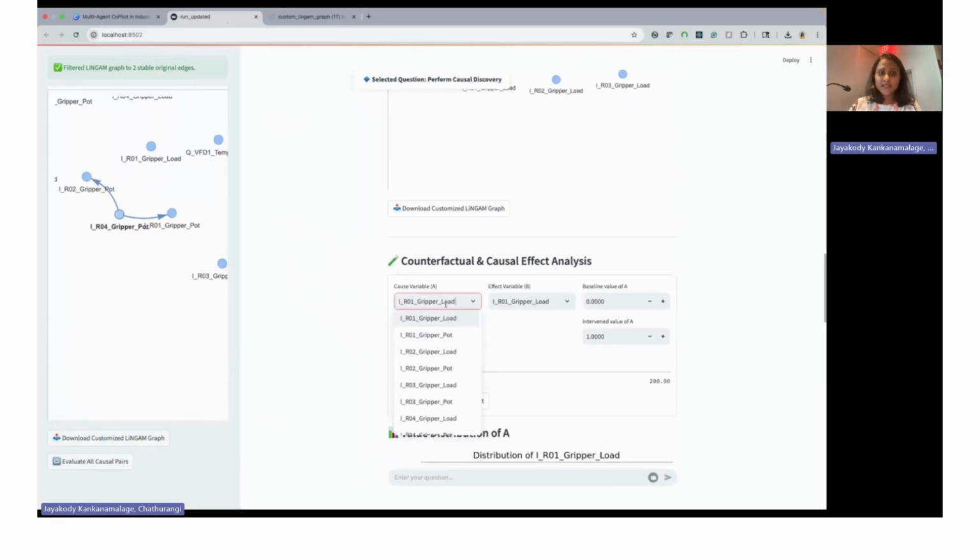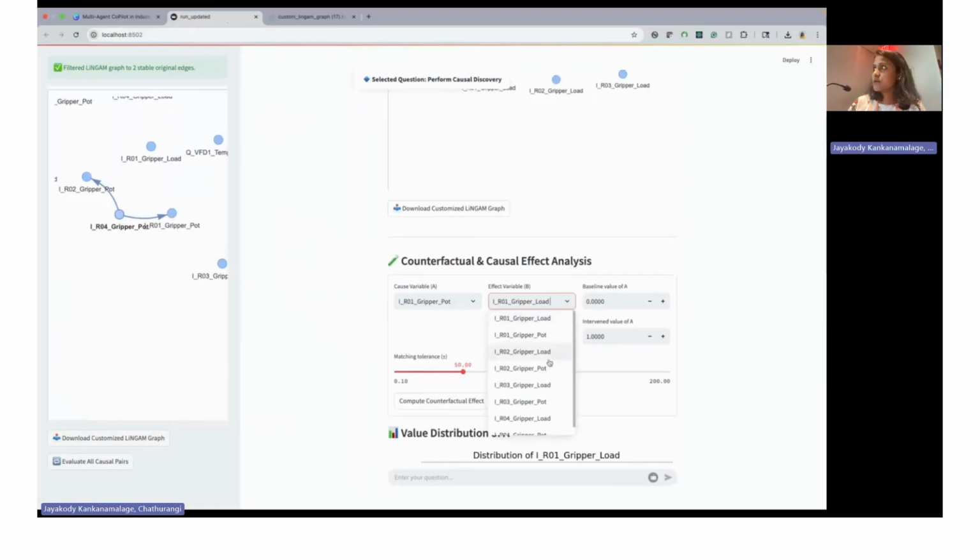So I am setting here IRO1 with the potentiometer and IRO4 gripper load. Let's set this value as something like this.